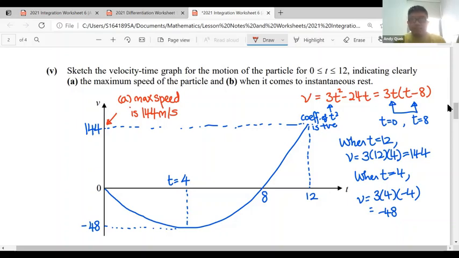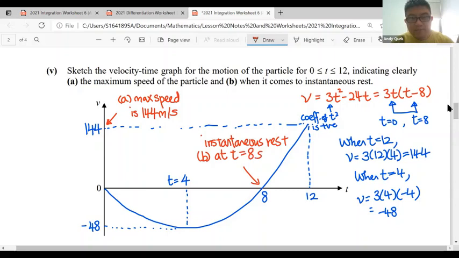Okay, when does it come to instantaneous rest? By that we mean when does the velocity equal 0? We are not talking about the initial. So the first time it comes to rest is over here. This is for part B. It happens at instantaneous rest at t equals to 8 seconds.